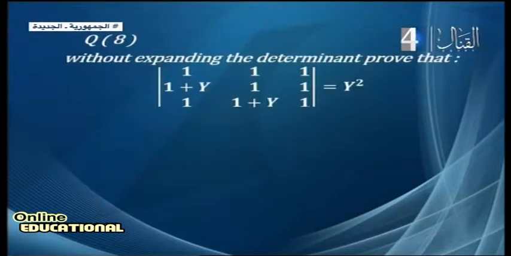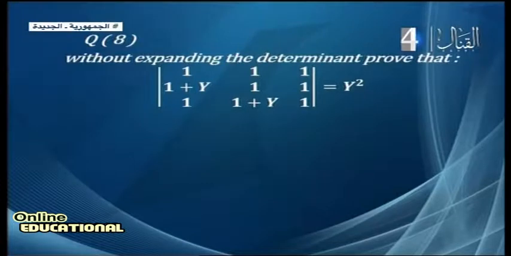Another example. Without expanding, prove using determinants that the determinant with first row 1, 1, 1, second row 1 plus y, 1, 1, third row 1, 1 plus y, 1 equals y squared.